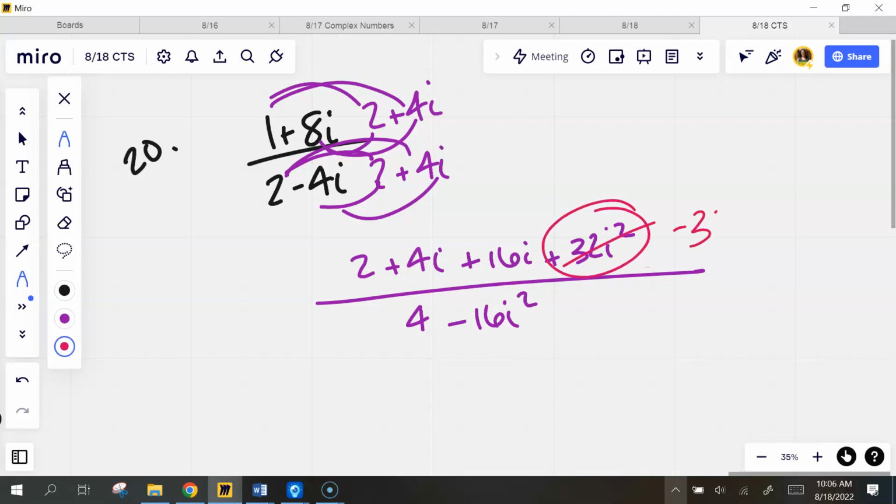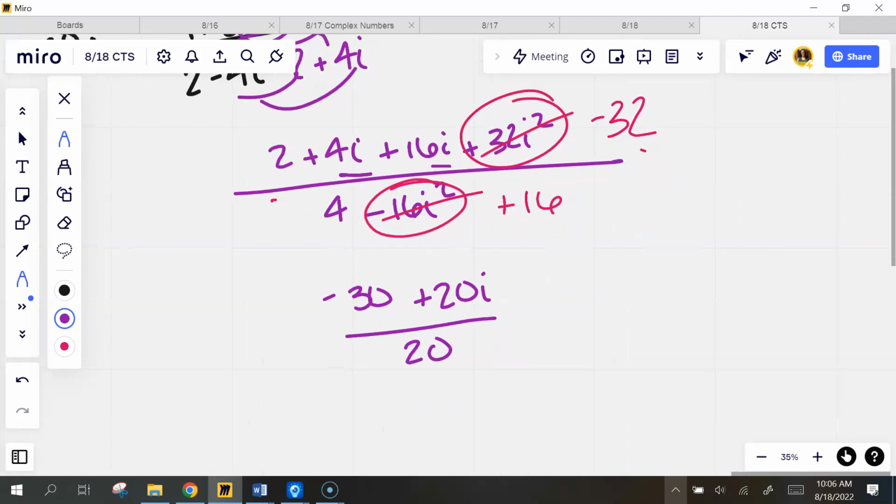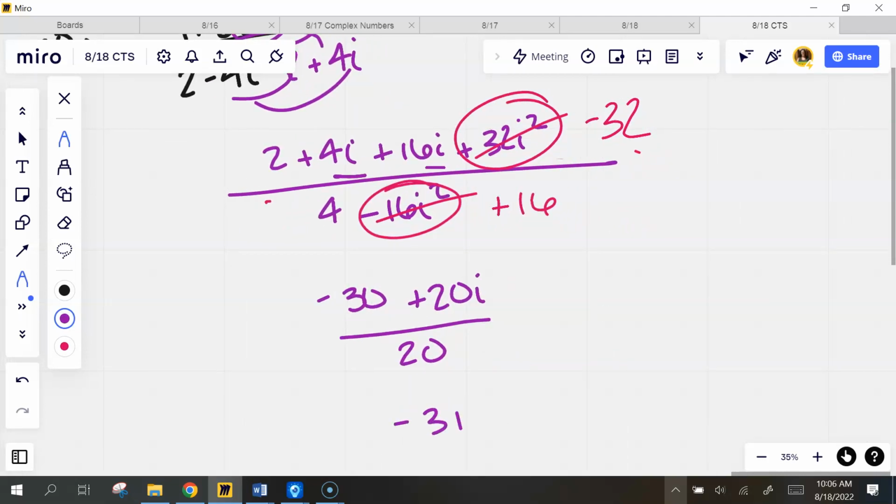Minus 32 plus 16. 2 and negative 32 would give me negative 30 plus 20i over 20. Again, I could probably take a 10 from everybody or divide everybody by 10. So negative 3 plus 2i over.